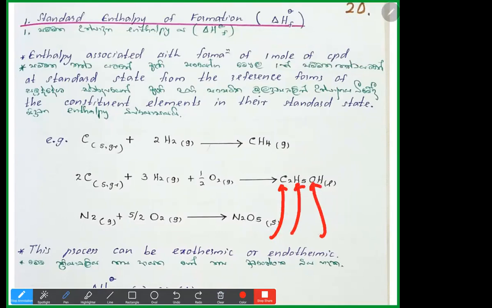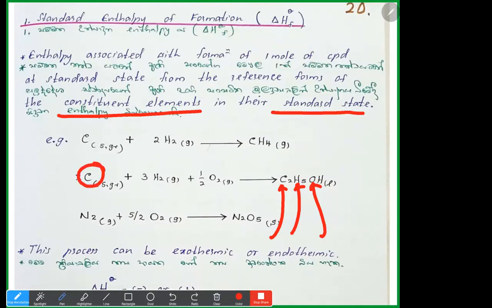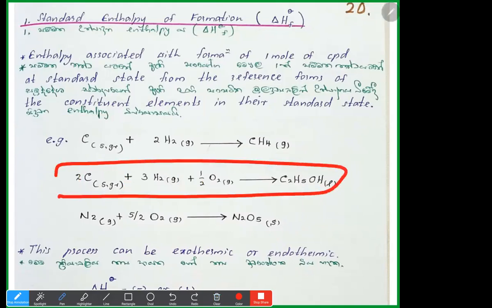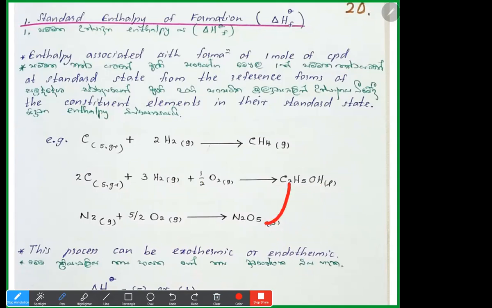These are the initial naturally existing elements, from these constituent elements in their standard state: carbon, hydrogen, oxygen. In standard state, hydrogen exists as gas, oxygen exists as gas, and for carbon we made the standard solid graphite out of the allotropes. We still have to balance this equation to give all these carbon, hydrogen, and oxygen.